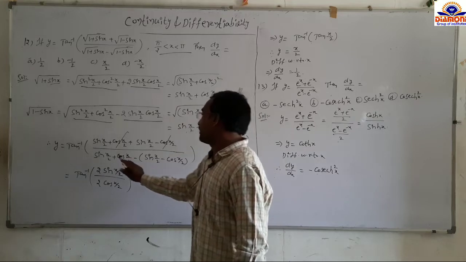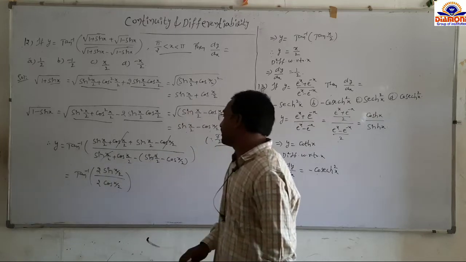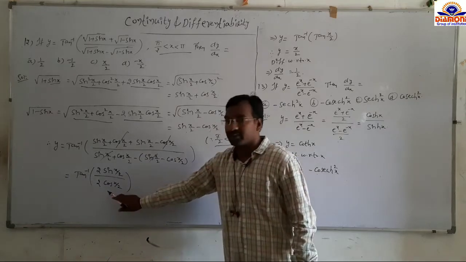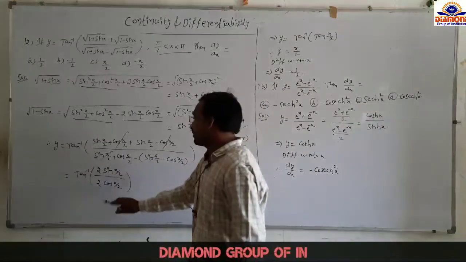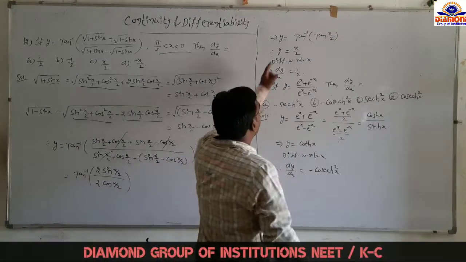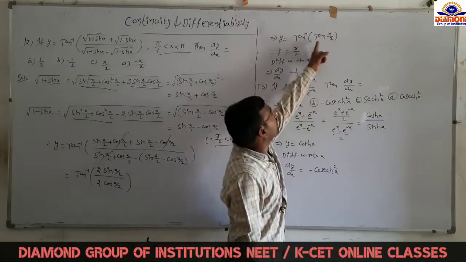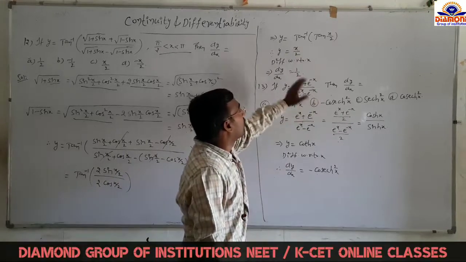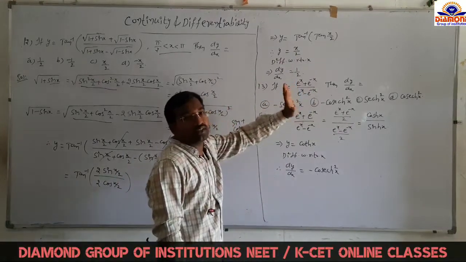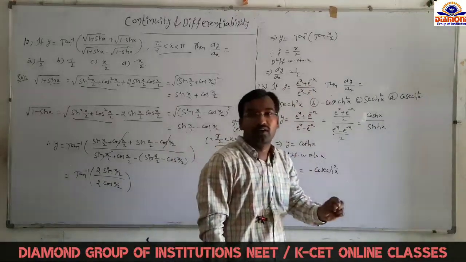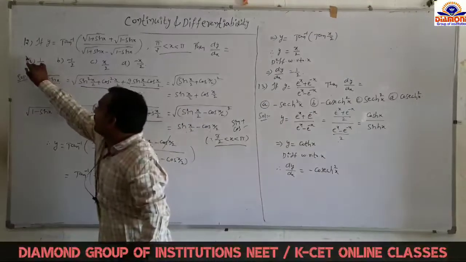In the denominator, sin x by 2 and sin x by 2 cancel, and the remaining is cos x by 2 minus of minus cos x by 2, which is 2 cos x by 2. Here 2 cancels. Sin by cos is tan. So y equals tan inverse of tan x by 2. Tan inverse and tan cancel, and you get x by 2. Now differentiating with respect to x, dy by dx equals 1 by 2, because the derivative of x is 1. So the option is A.